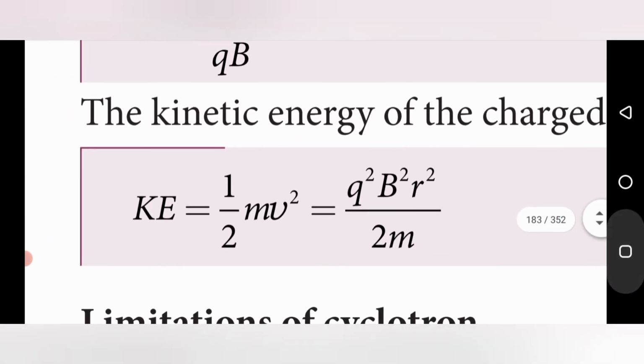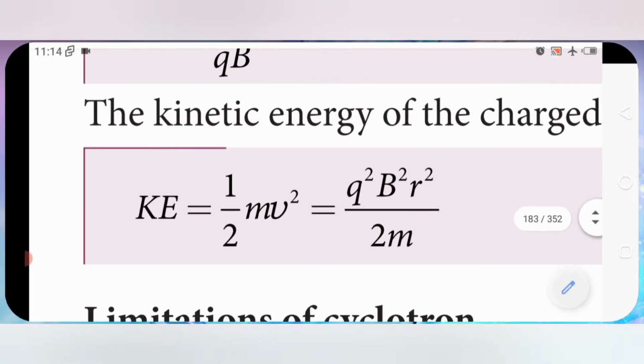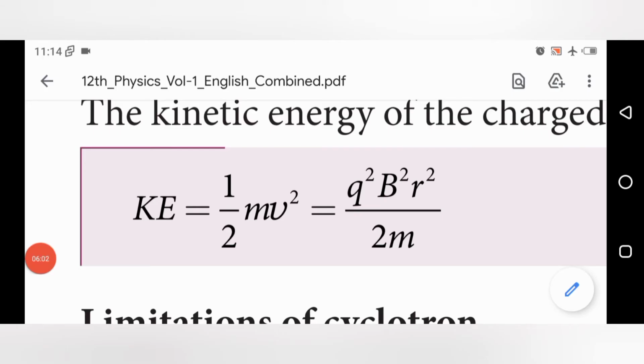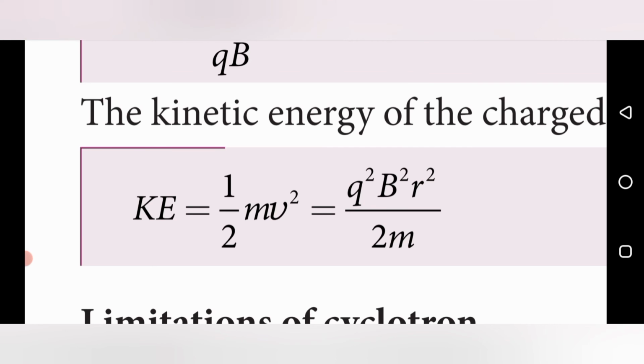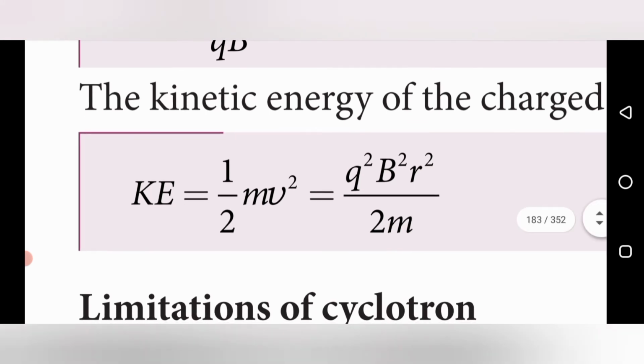Next, we have to find the kinetic energy of the charged particle, KE is equal to half mv². You know that the kinetic energy value is half mv². Here half m is there, and v² we are going to calculate from the first equation.